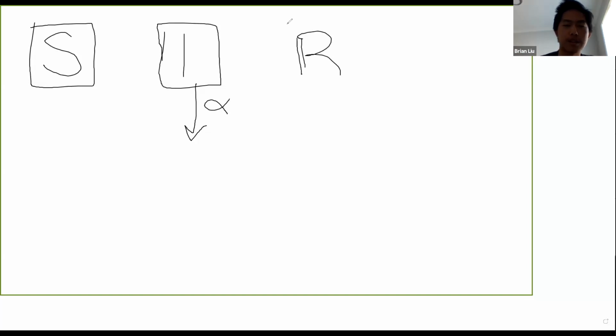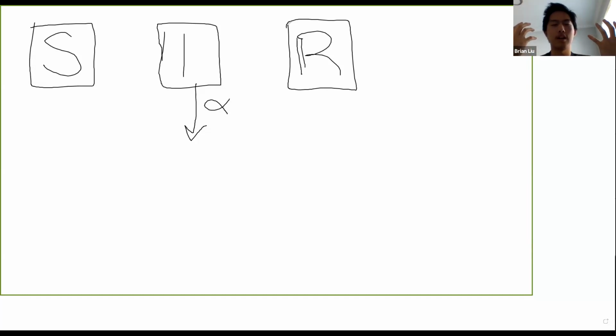And so there's a recovered class. What's different about this recovered class is that they have antibodies to COVID-19. So in a way, they're different from the susceptible class because it's not as easy for them to get reinfected. Now, the antibodies might wear off over time, but in the simplest model, there's a susceptible class, an infected class, and a recovered class.